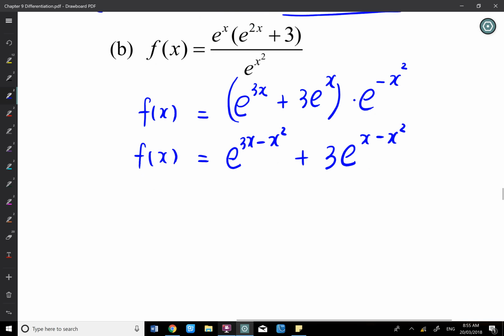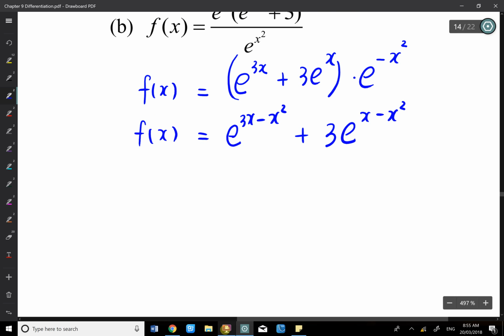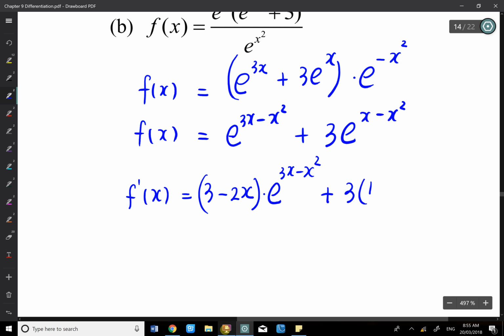Now let's derive it. So f dash x equals, derive the top: 3 minus 2x times, repeat the same thing. You repeat it again, copy it, plus 3 times 1 minus 2x and times the same thing.